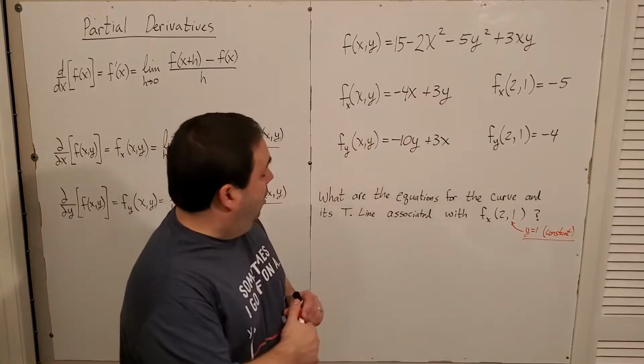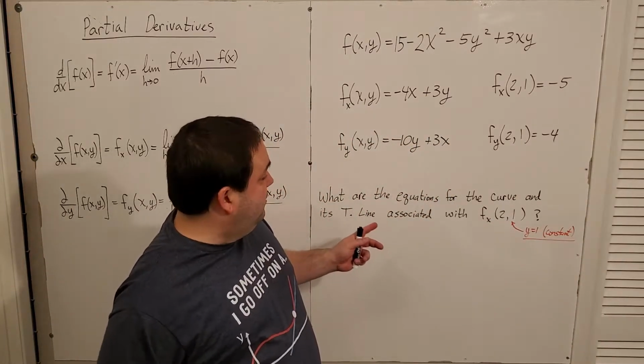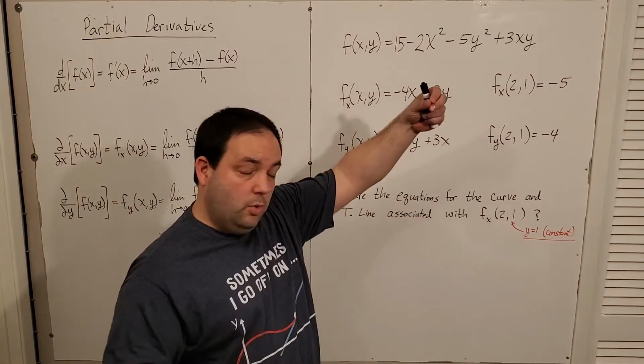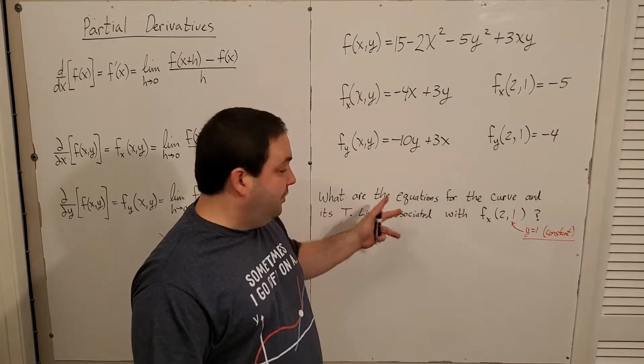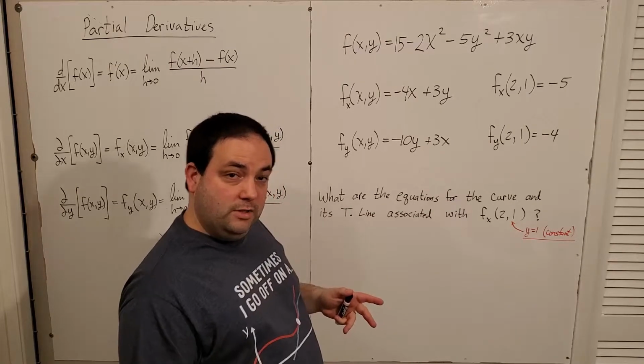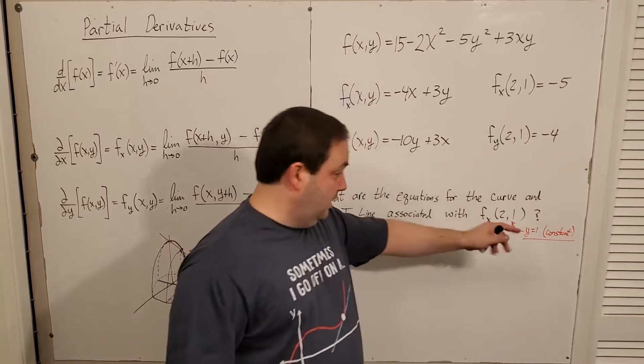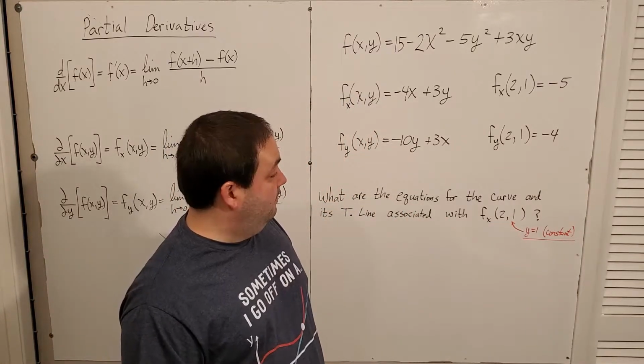I'm talking about curves in 3-space. It's a curve that's the intersection, and the tangent line is also a curve in 3-space. Both of these are going to need parametric equations. Well, good news, I've already got the y for both of them, because y is constant.